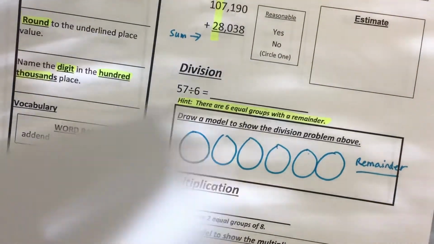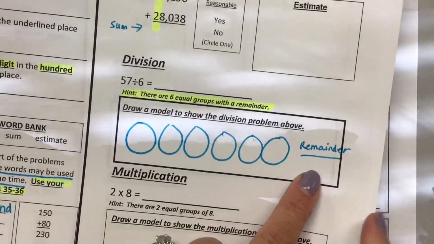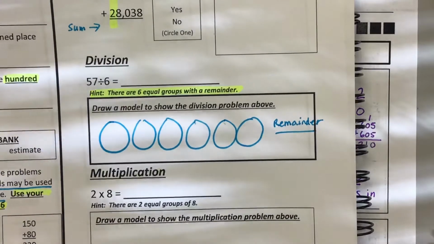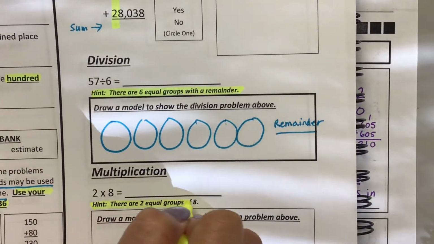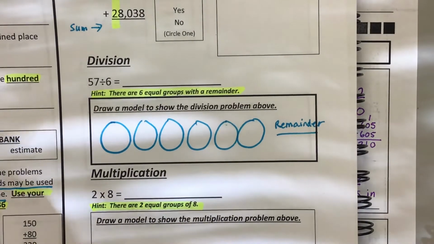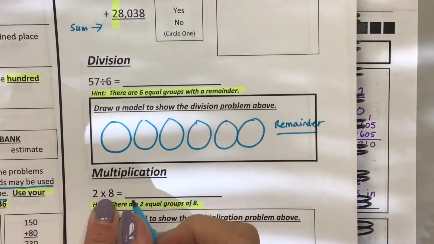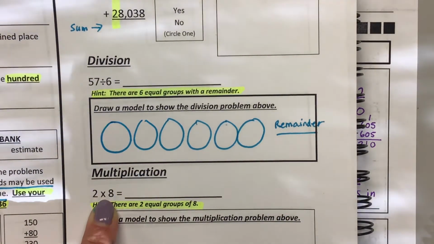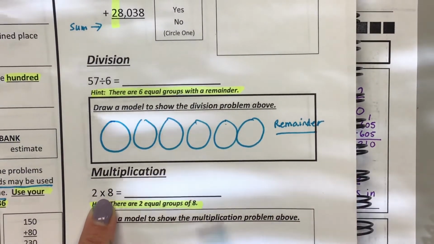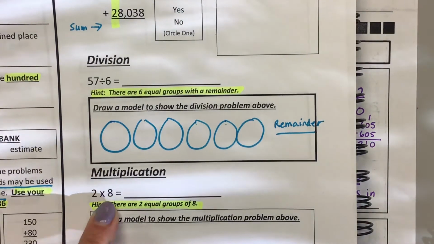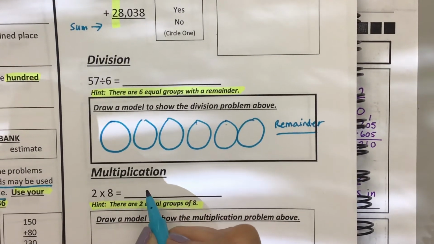And then how many are left needs to be over here under the remainder. Then on the multiplication, there have to be 2 groups of 8. Remember, 2 times 8, that times symbol means groups of or rows of. 2 groups of 8, not 8 groups of 2. Don't forget to put the product up here.